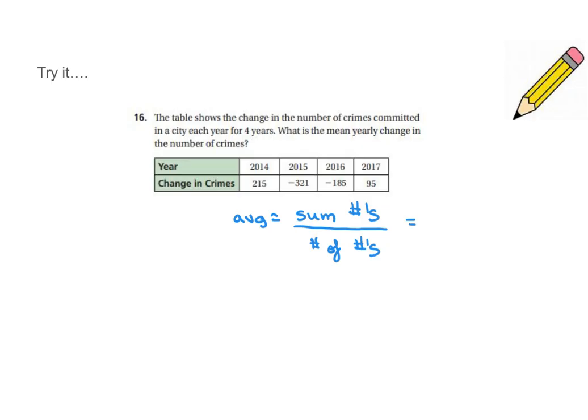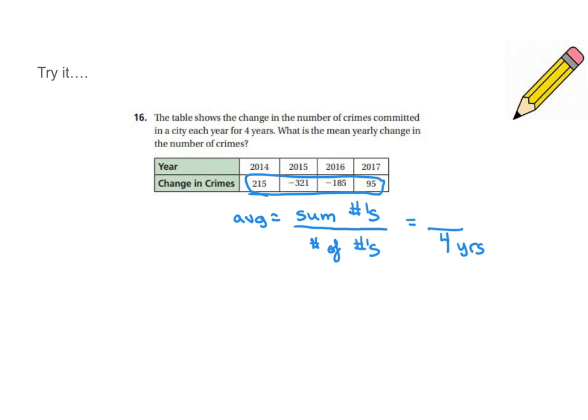And in this case, number of numbers would be the number of years. There were 4 years. So now you go ahead and push pause and find the sum of all of these numbers and then divide by 4. Push play when you're ready.